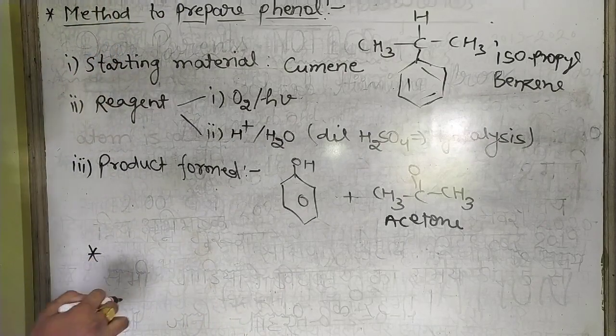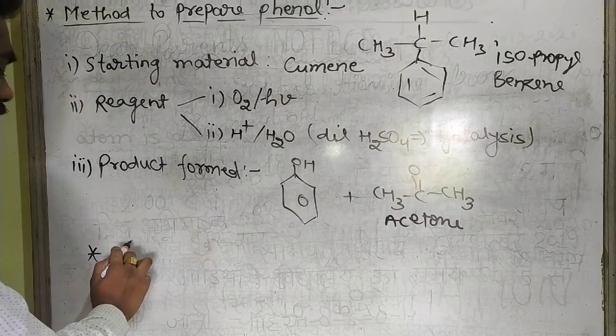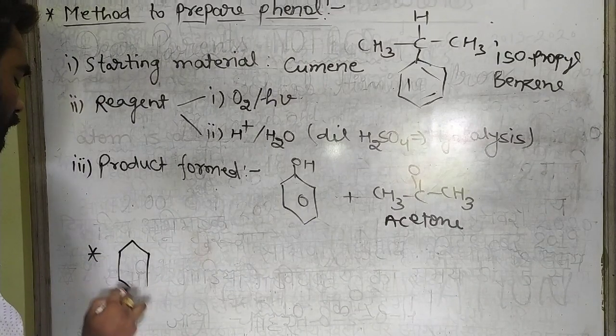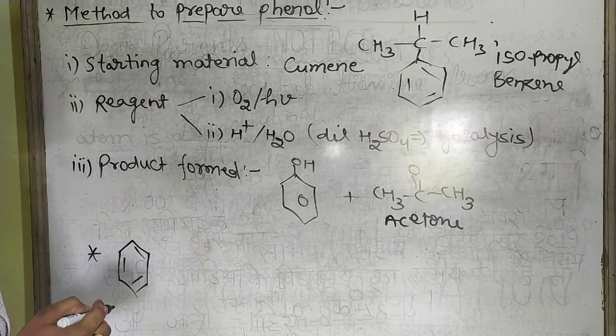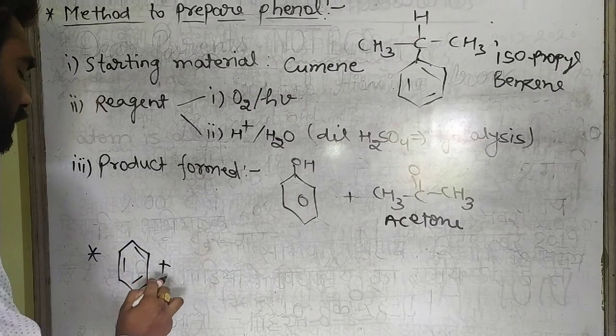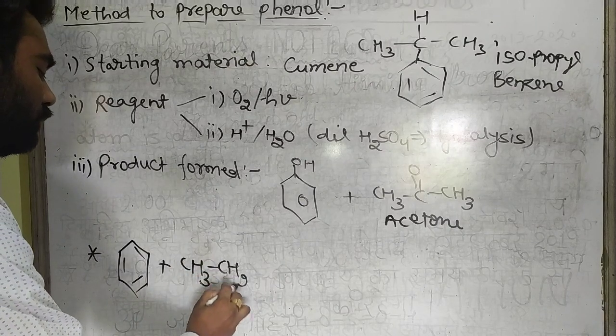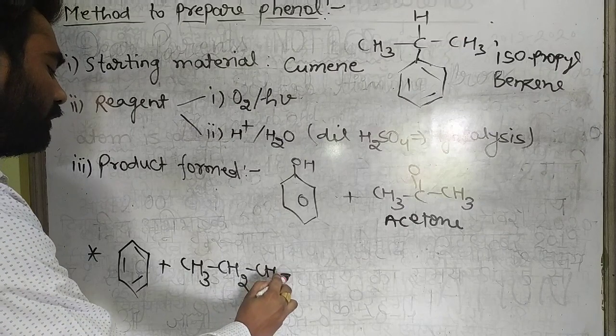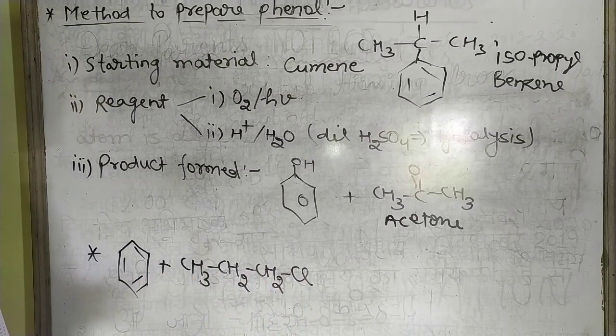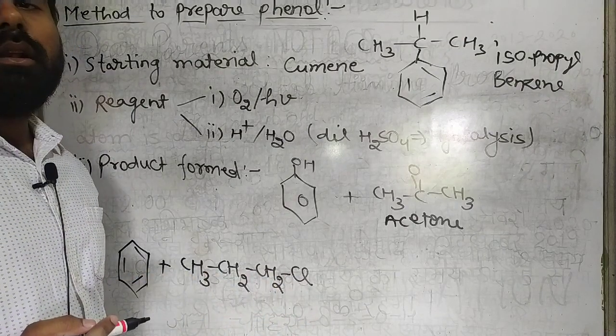Isopropylbenzene can be formed by substitution, which is bimolecular and electrophilic in nature, by CH3CH2CH2Cl. This is propyl chloride.